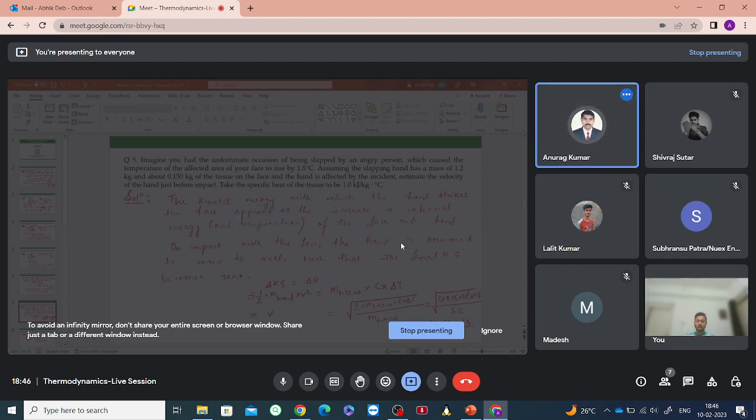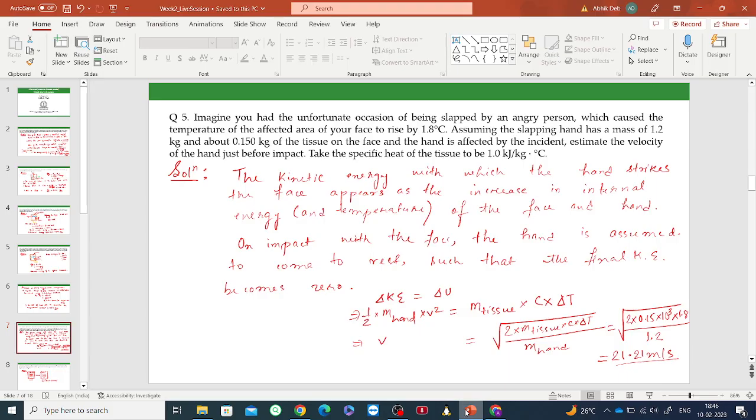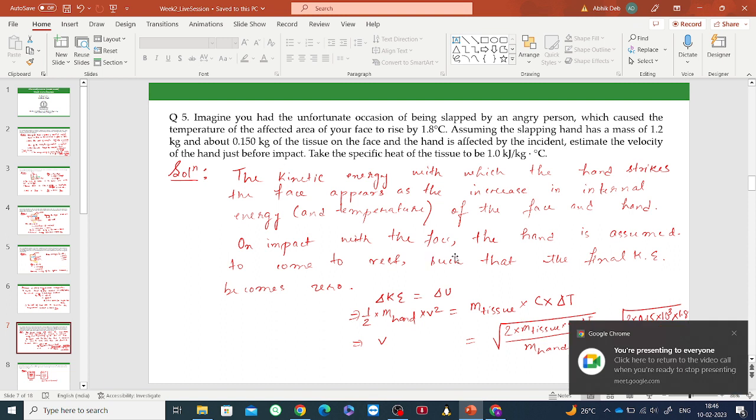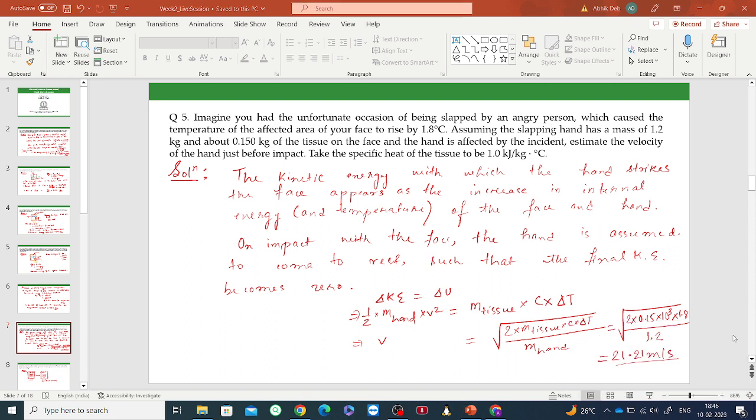Excuse me, sir. Yeah, please. Sir, in this case, if we want to consider the effect on the face, our system will be only the face, right? No, see, when you are impacting on the face, the tissue of both the face and the hand will rise.